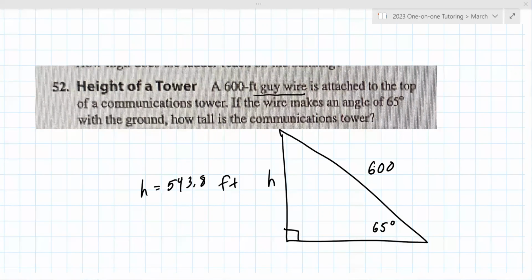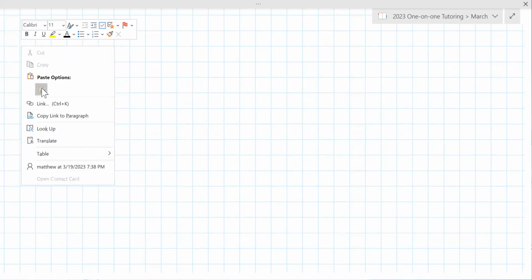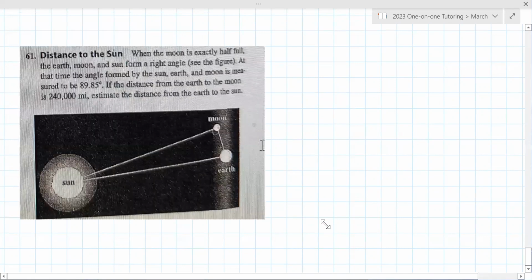Yeah, we can. How much time do we have? I think we've got plenty of time to do both. We'll definitely do 61, but what I need is a picture of 56 since 57 refers to 56. Let me see. Oh, it is cut off. Okay, I'll send a picture. Let me go get a picture of that.